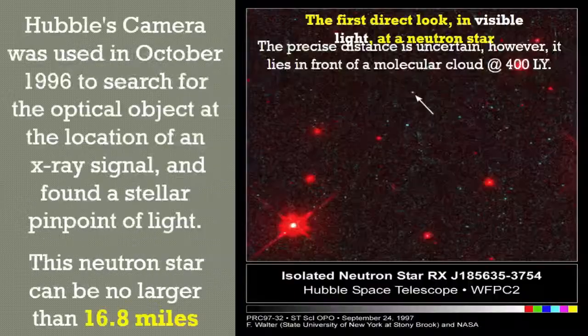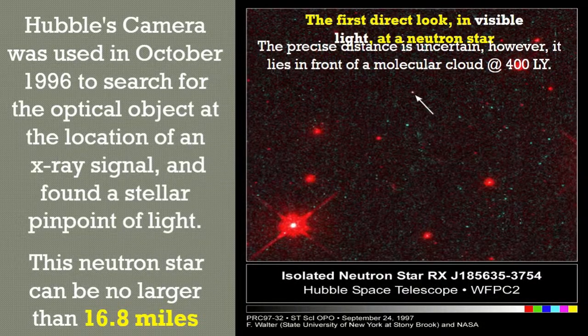Now, that was up until 1996. In 1996, well, we had been charting neutron stars as X-ray emitting objects. So those high energy crushed neutron stars were emitting X-rays, and they still are.